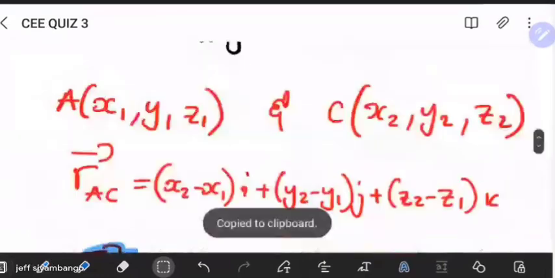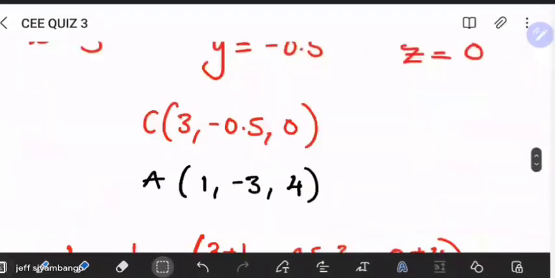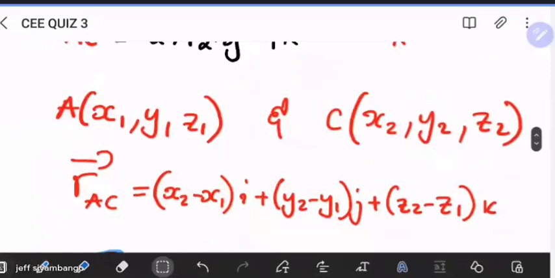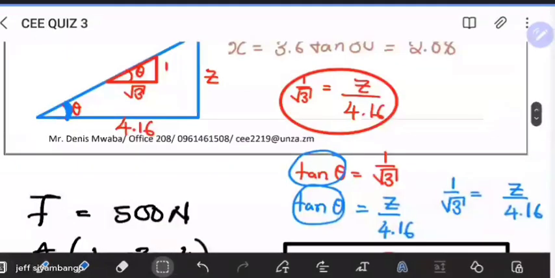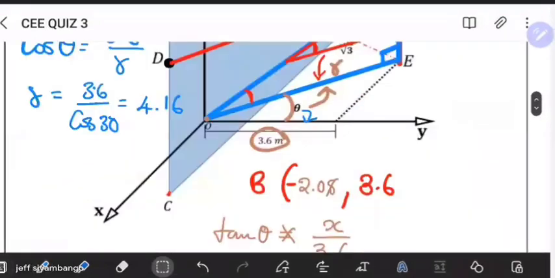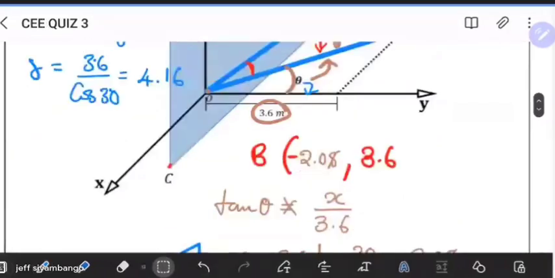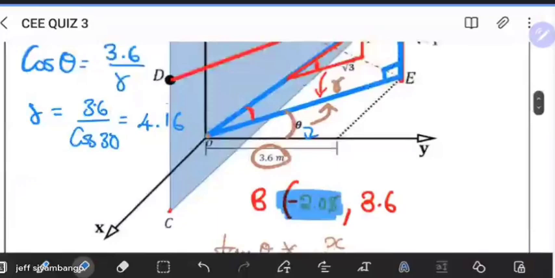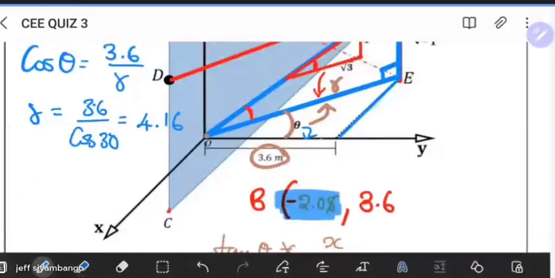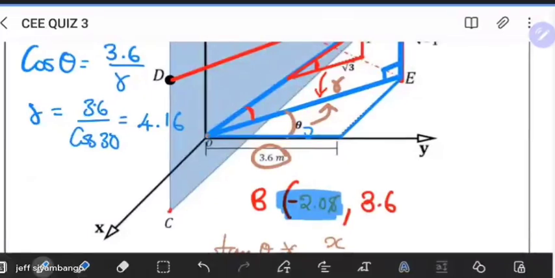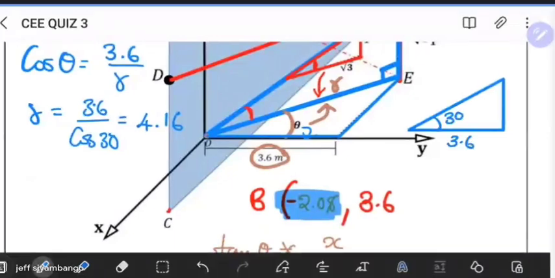Yes, sir, but how did you find the negative 2.06? Isn't that from a previous step? This one we found here, dealing with this triangle. Remember there we had something like this: this is 30, this is 3.6, and the x is here.